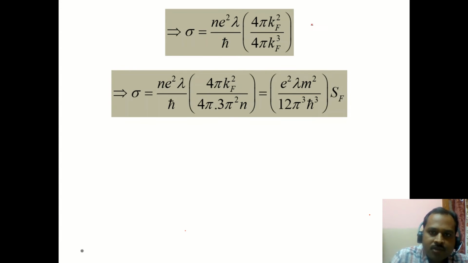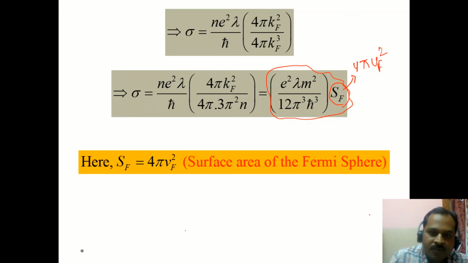If you substitute and do some mathematical rearrangement, then finally we can obtain sigma to be equal to some constant times Sf, where Sf is the surface area of the Fermi sphere. It is 4 pi kf square, which is the surface area of the Fermi sphere. And these terms are constant.